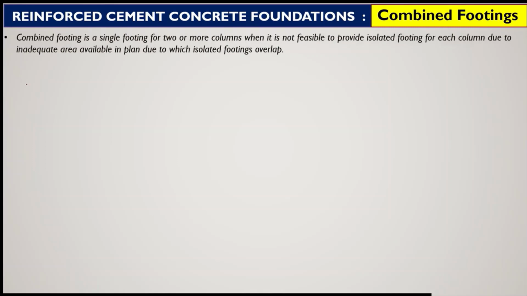Combined footing is a single footing for two or more columns, when it is not feasible to provide an isolated footing for each column, maybe due to inadequate area available in plan, due to which isolated footings may overlap.